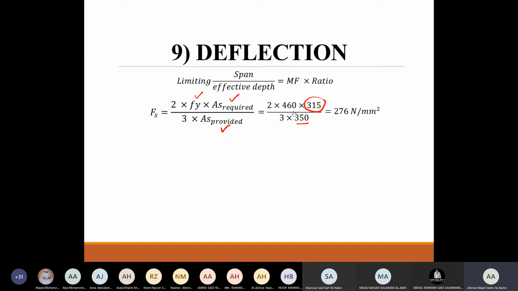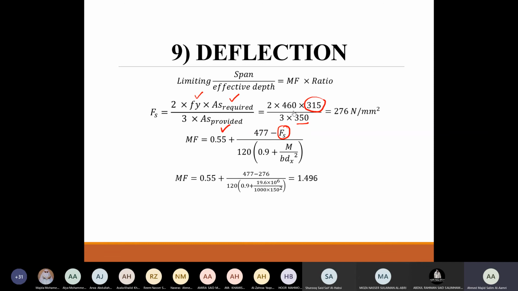The next step is to calculate the modification factor. I think you have done all of these calculations in your Design of Structures 1 only. So now for the modification factor, we need to use fs, M, which is the highest moment, and then dx.